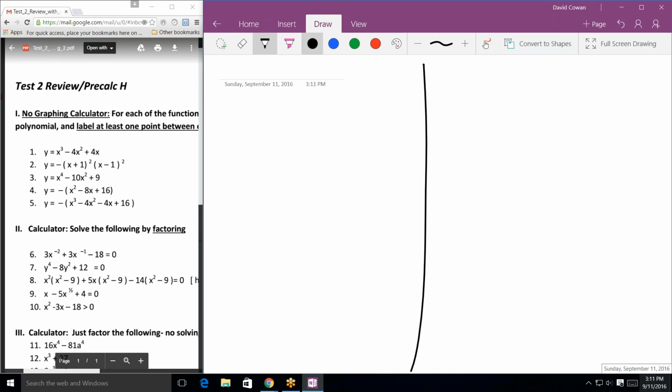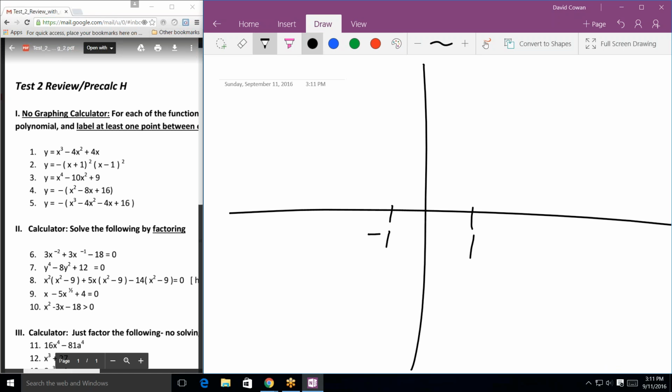So let's see. What we figured out was that x had to either be -1 or +1. In other words, we know the function goes through there. Those are the x-intercepts.